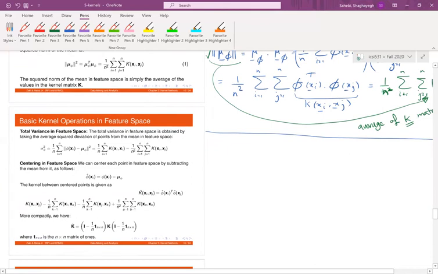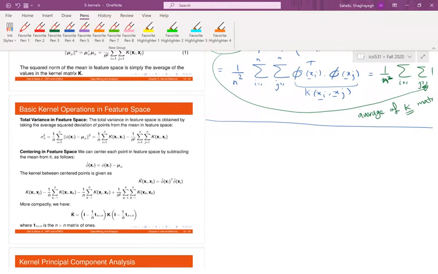Okay. Now, we said that for calculating the variance, we can rewrite this to only need the norm of the mean. Let's see what is the variance in the new feature space. Can we calculate that according to the kernel matrix? Okay, let's try that.